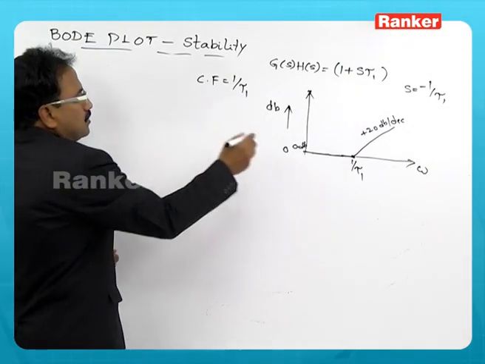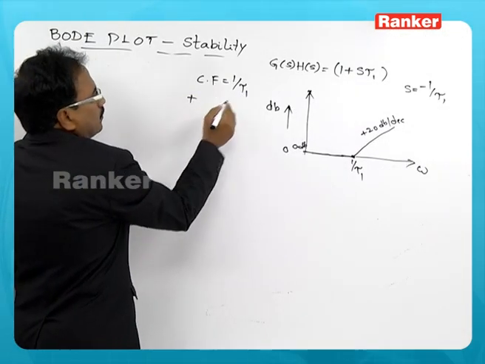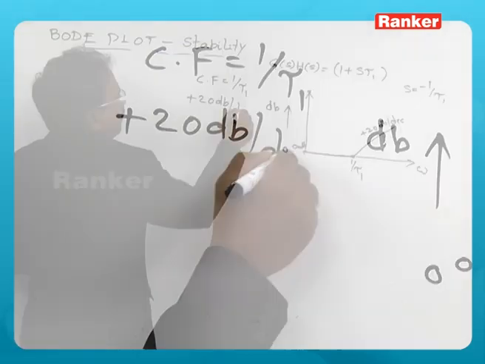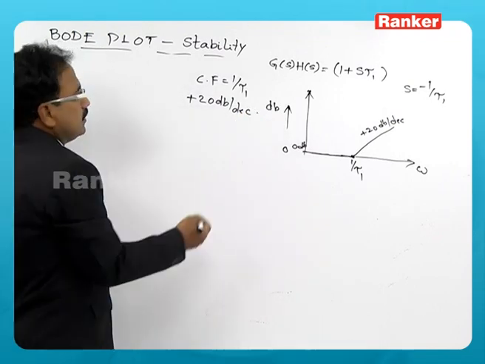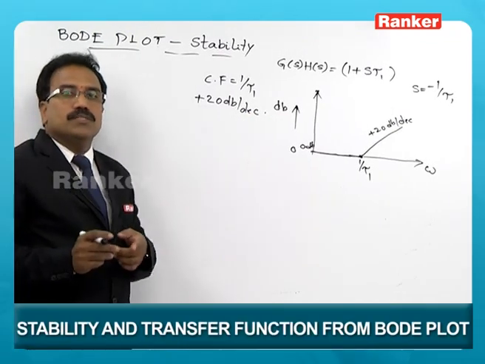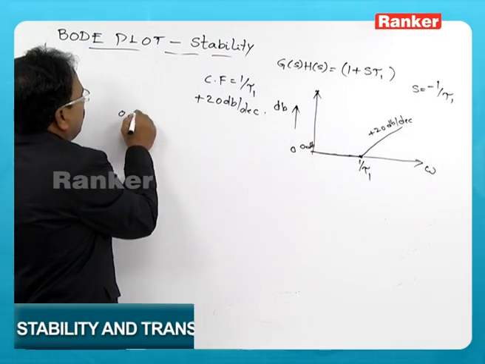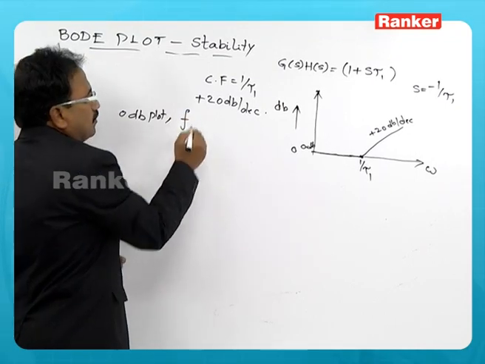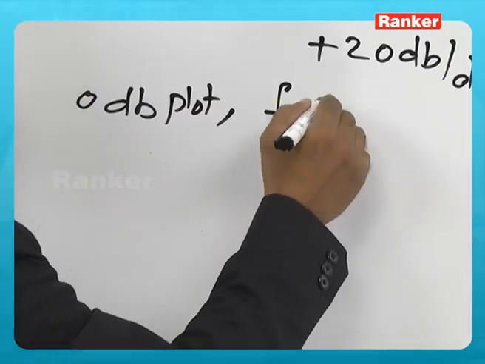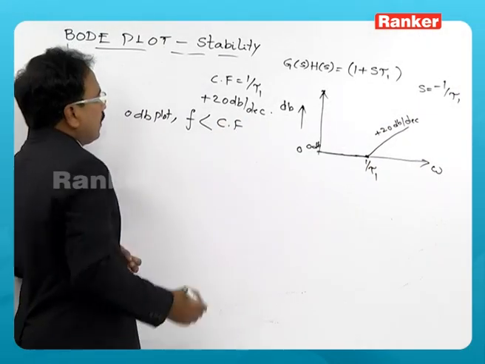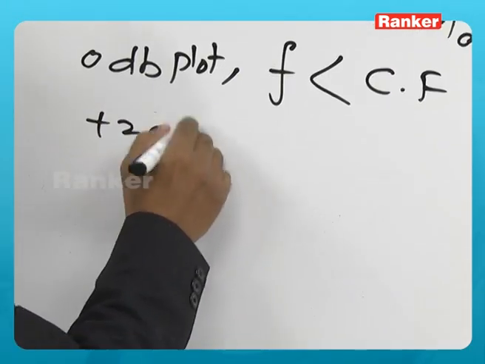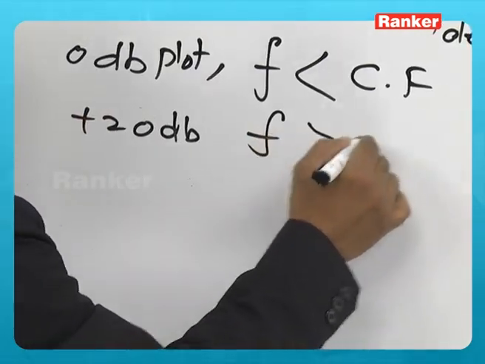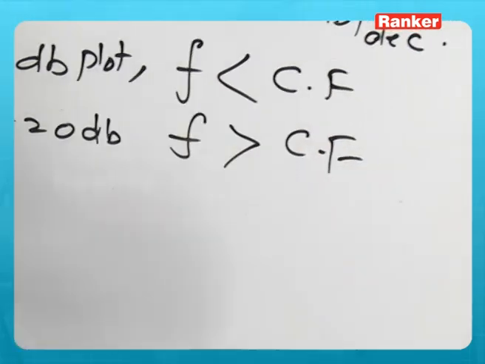And this will have a slope because it is a 0 at non origin. So, it has a slope of plus 20 dB per decade, and this also can be approximated into two plots. One is a 0 dB plot for the frequency range less than the corner frequency, and it maintains a plus 20 dB slope for the frequency greater than the corner frequency.